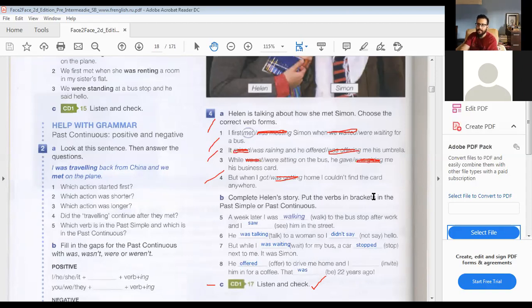Okay. Now there's a little key here that might help you. So all of this is in the past, of course, but it feels like finished actions, right? And yes. For finished actions, just like you answered here, offered and was, it feels like past simple is the best tool, the best tense, right? Yes. Okay, so let's check number 8 again. So he offered to drive me home, and I was inviting.